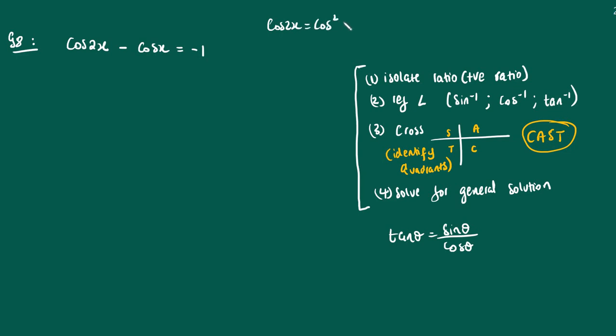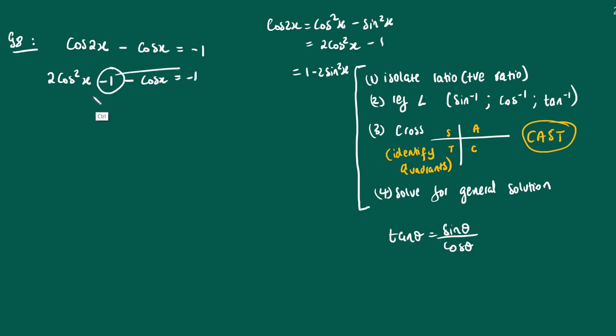It's cos squared x minus sine squared x, or 2 cos squared x minus 1, or 1 minus 2 sine squared x. If I had sine x here, then I'd change it to this one. But now that I have cos, I'm going to change it to the one with cos. So I have 2 cos squared x minus 1, and then minus cos x equals minus 1.